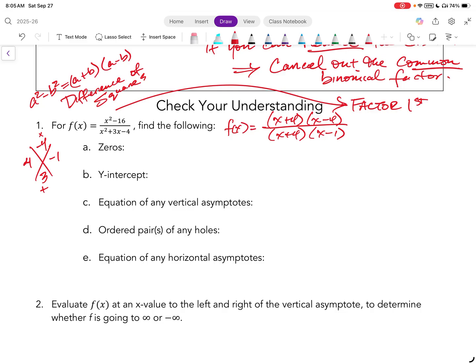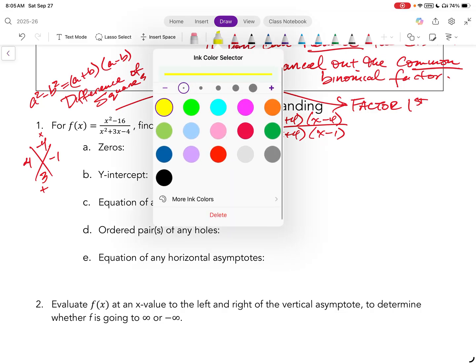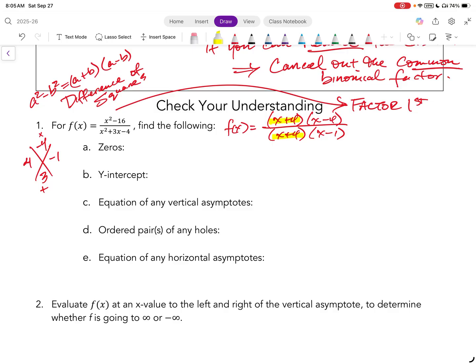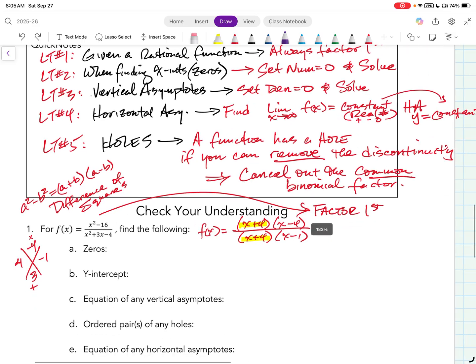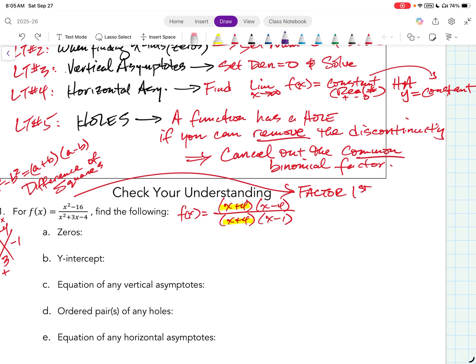Now notice we have a common factor here, and if you simplify them right here, we have a hole. So we just used one of the learning targets: we have a hole if we can remove the discontinuity. So I'm going to remove it here. I have a hole at x equals negative 4, wherever makes it 0, but we need to find the location of it.